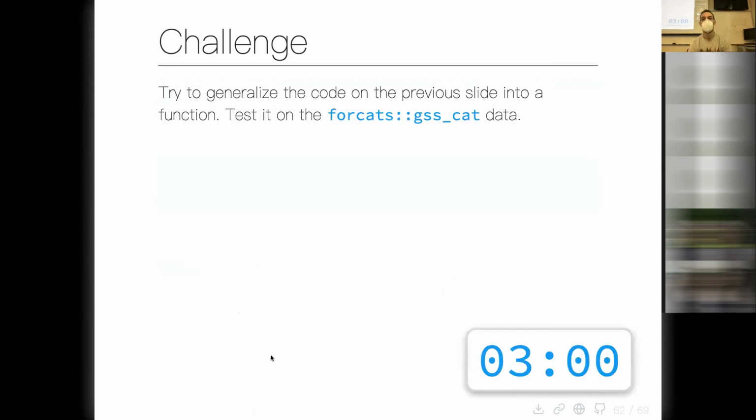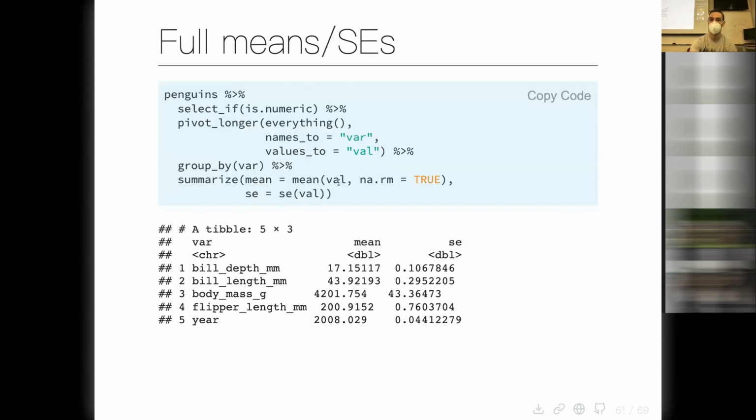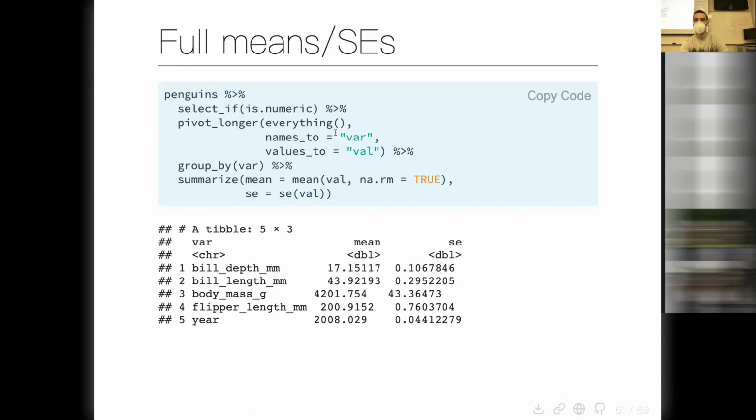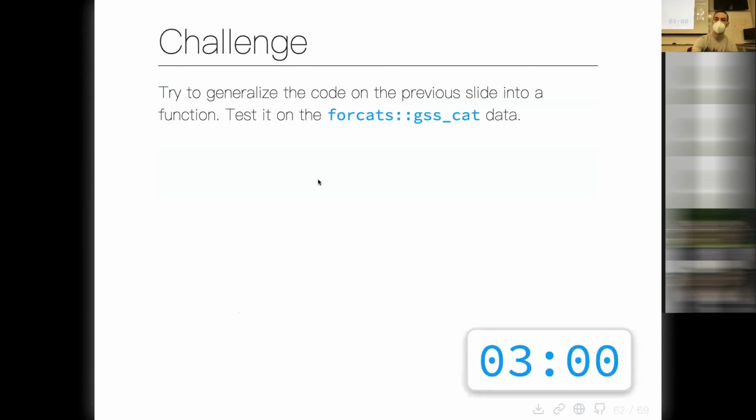All right, try to generalize the code that we have on this slide to work on any data frame. You're going to write a function from this code, and you can test it on the GSS cat data because it has both numeric and non-numeric data in it.